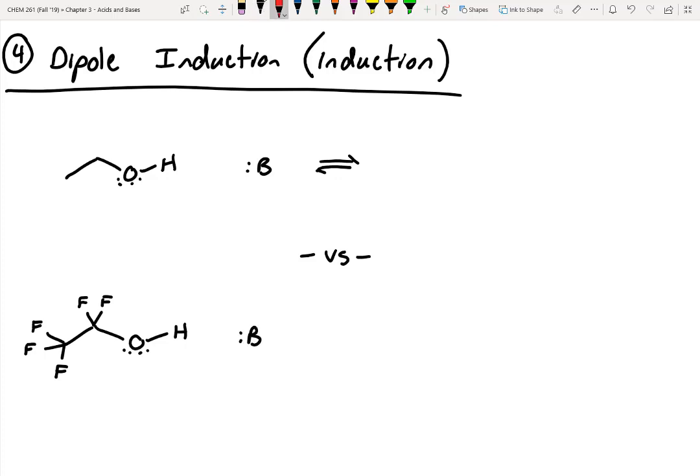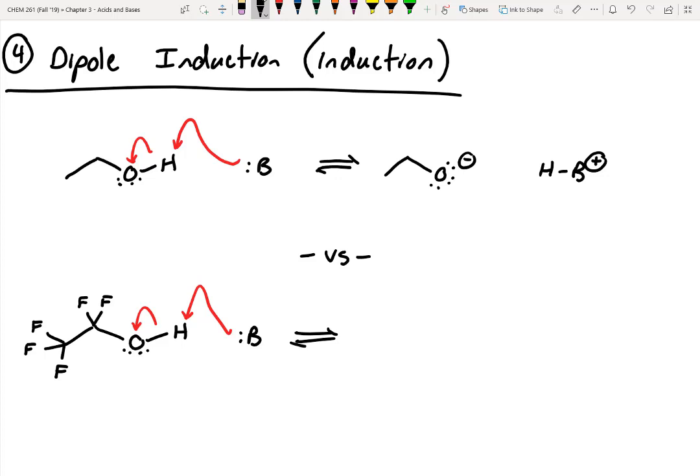So just like before, we can say, all right, this base can snag this proton. This base can snag that proton. And in the top reaction, looks pretty similar to what we did before. And in the bottom reaction, it still looks pretty similar. However, this bottom one, we have a bunch of fluorines.